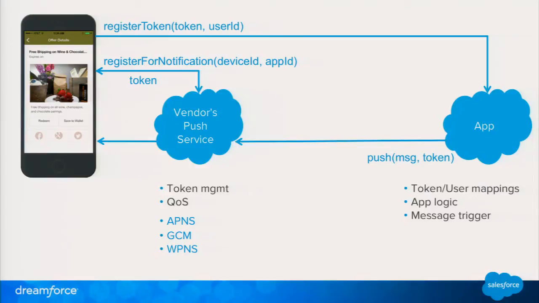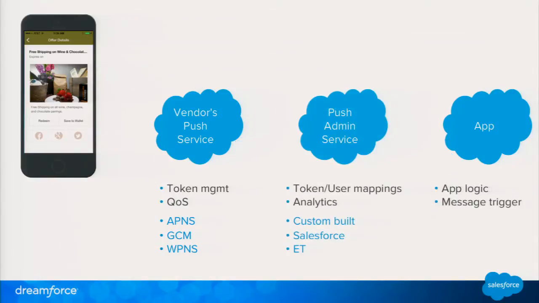So that's why oftentimes you're not going to do it like that. You're not going to build that thing yourself into your application. We will add a third service in the middle because you want your app to remain clean and to be really your business app.